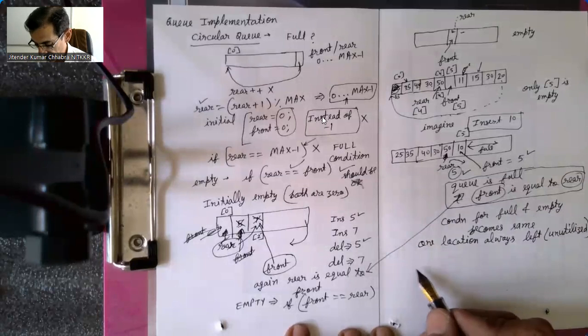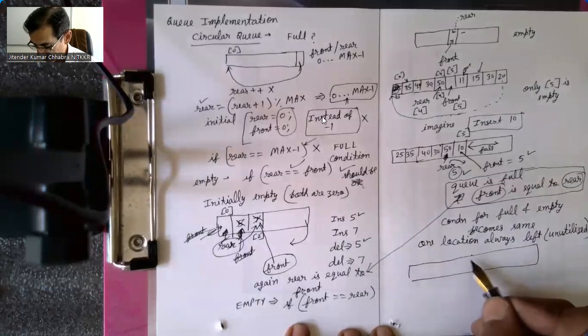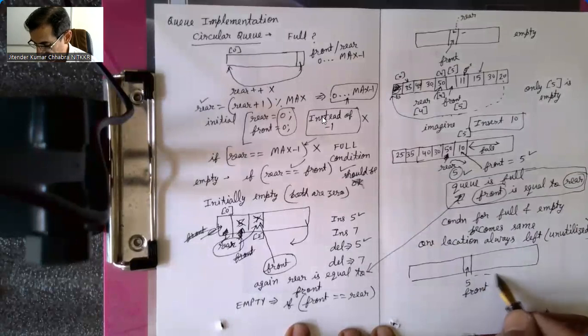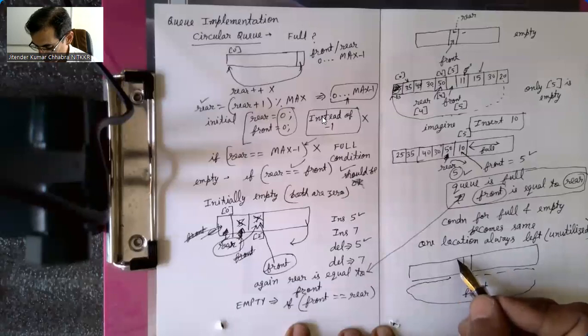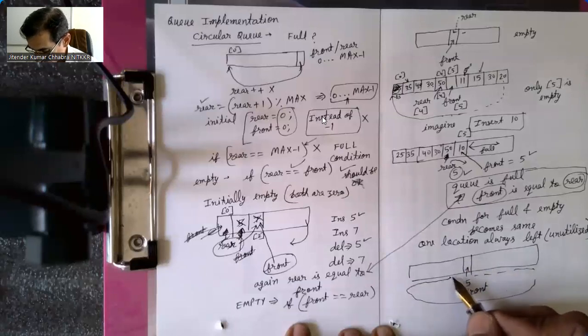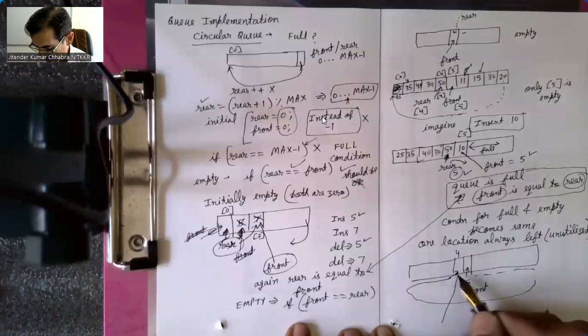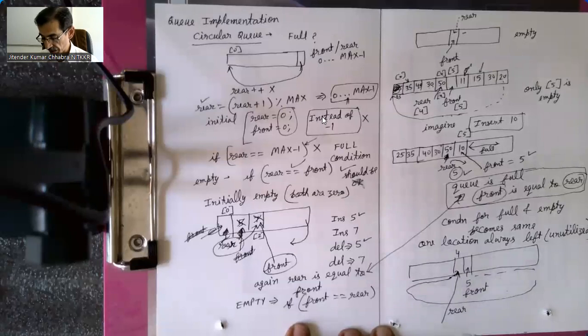In the earlier situation, if my front is at 5, I will allow rear to go up to index 4, and my rear can be here, but this location will never be allowed to be full.